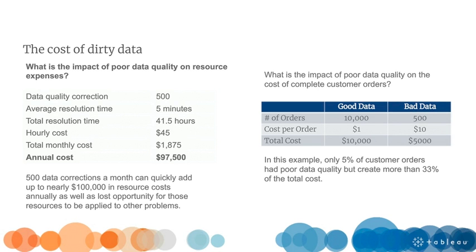If you apply a standard rate to it, we get the monthly and annual costs, which is quite a lot if you look at this example. And then let's look at the ratio of good to bad data. What are the good records versus the bad records, which you can see in the illustration on the right-hand side. If a good record costs you $1 and a bad record costs you $10, you can see that you're spending a third of your money on cleaning dirty data.